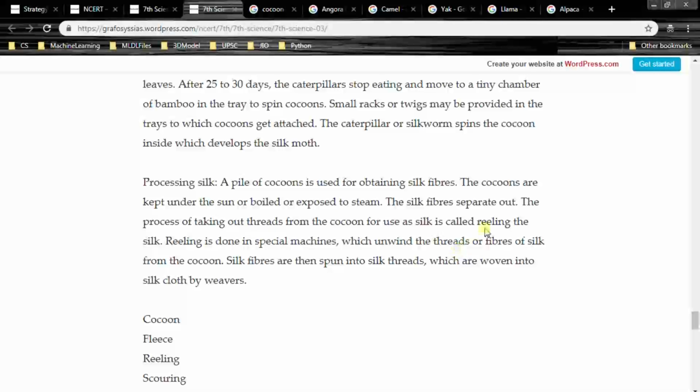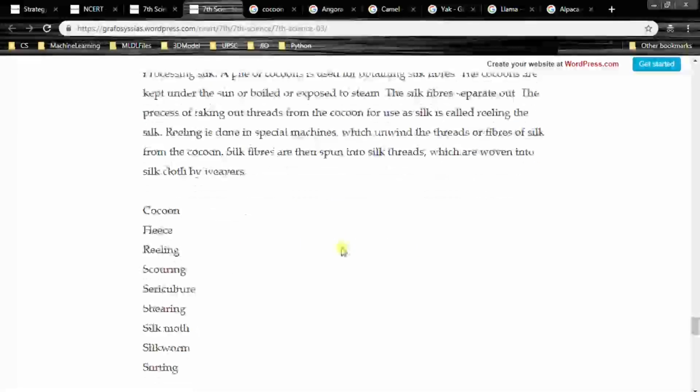So remember, reeling, taking out threads. It is done using special machines which unwind the threads or fibers of silk, and later the fibers are spun into threads, and threads are used to weave the cloth.